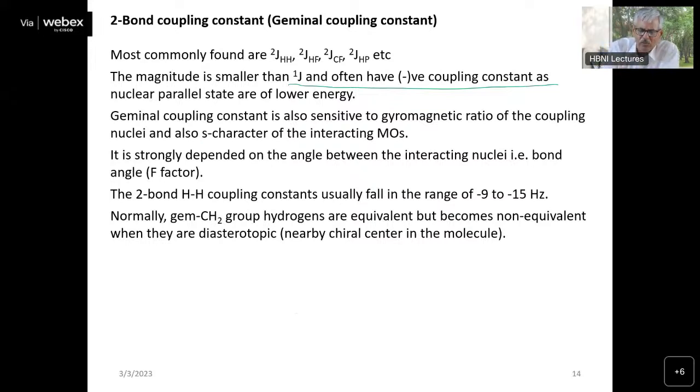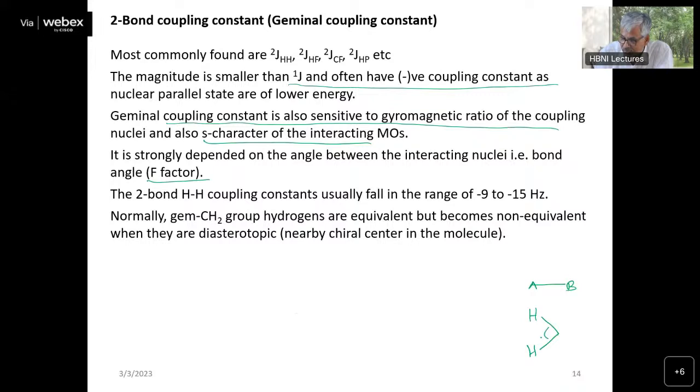Now, like one bond, this geminal coupling constant is also sensitive to the gyromagnetic ratio, so that formula is applicable here also. S character also. And also the angle factor is coming now. When you have one bond, say A nucleus and B nucleus, there is no question of bond angle. Now let us say you have a hydrogen here and a hydrogen here, two bond.